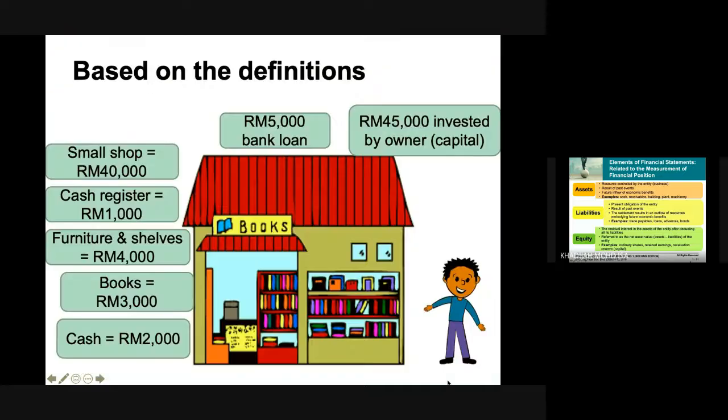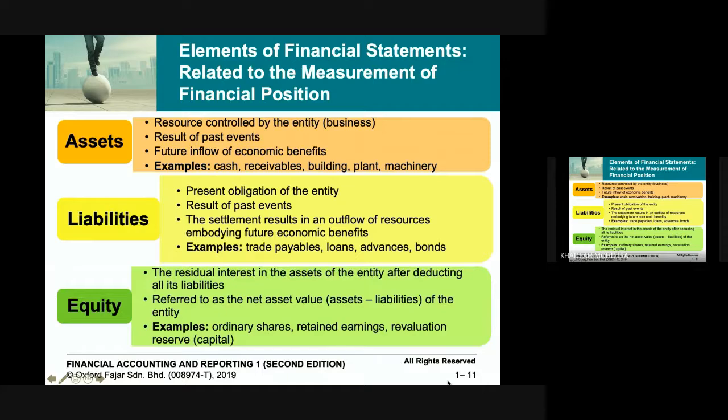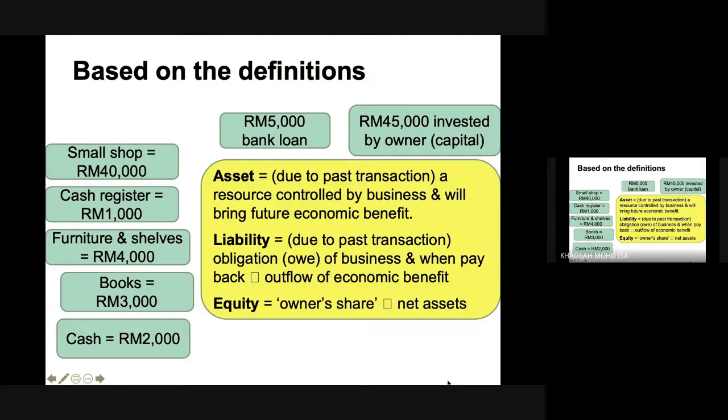So coming back to the example here, based on the definitions of asset, liability, and equity, let's look at how we are going to put this into the elements of the financial statements, right? When you invest your money, we call that capital. Okay, so match with the items, which one is your equity?